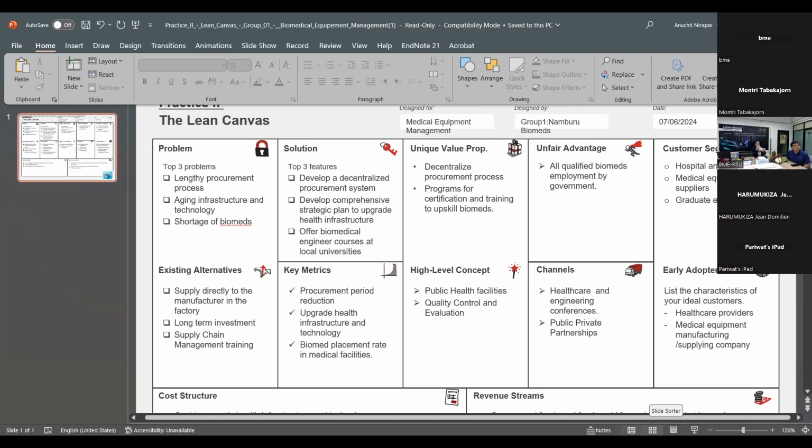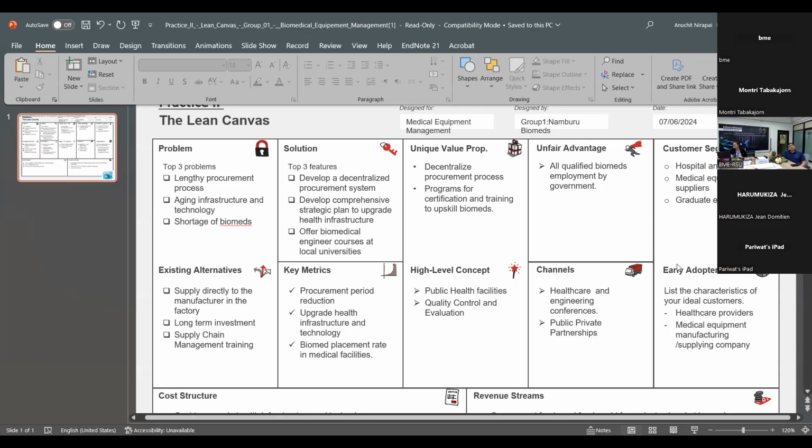They are highest level concepts that are, for example, public health facilities and quality control and evaluation that are done every trimester or semester and every year to control the quality of the health system and health facilities.